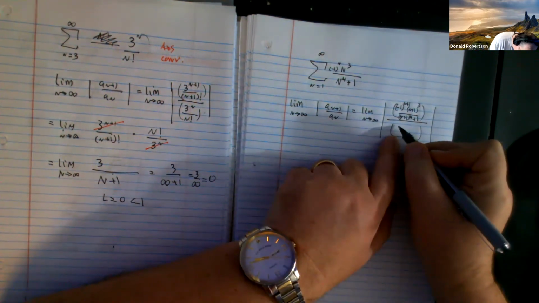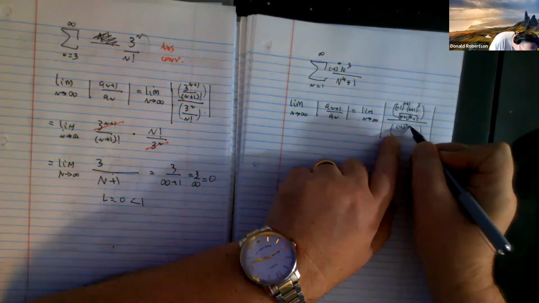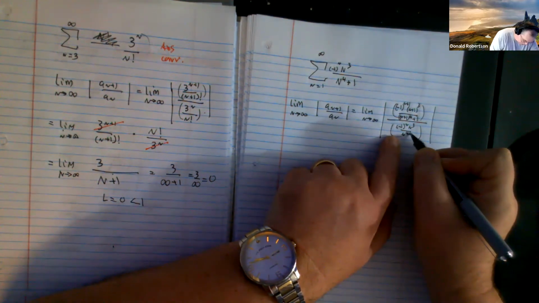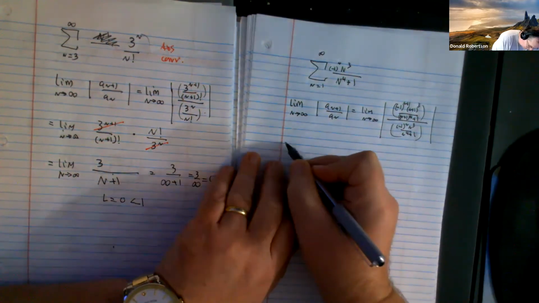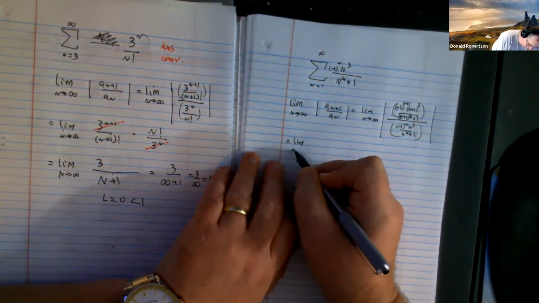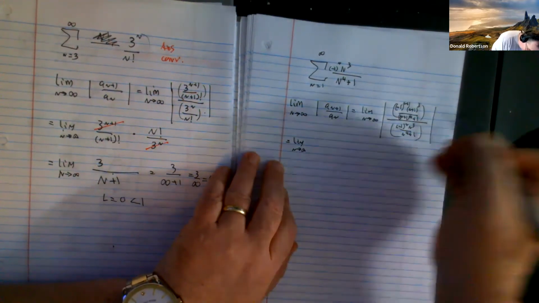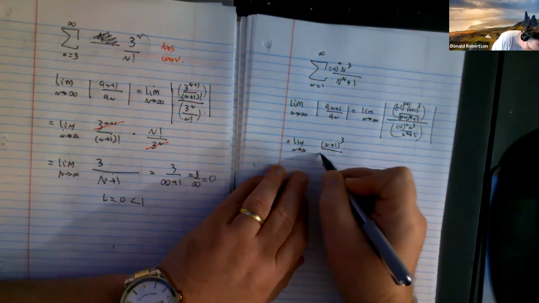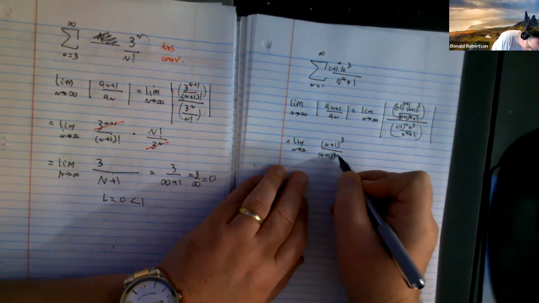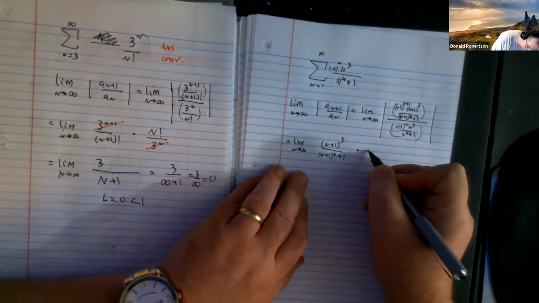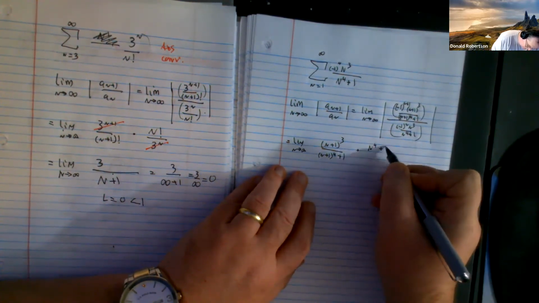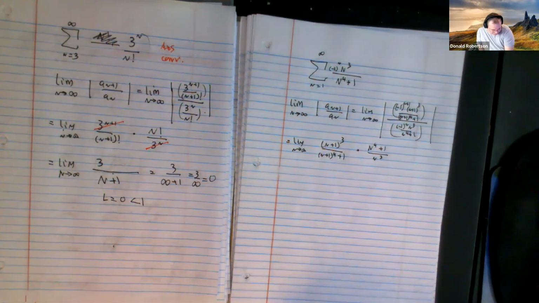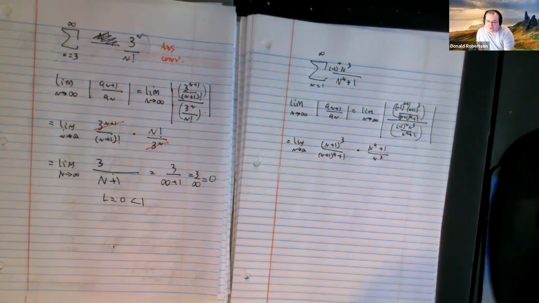And on the bottom, this guy. The absolute values are going to kill these guys off, so I don't really care about it. So all I'm going to be left with is that guy over that guy. So far, so good, right?